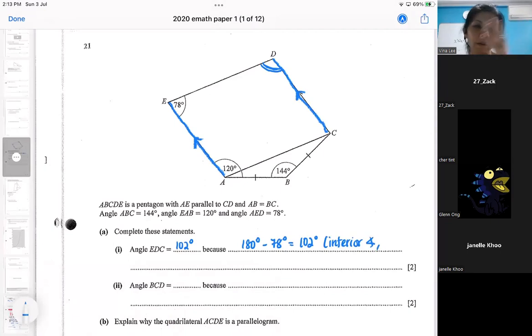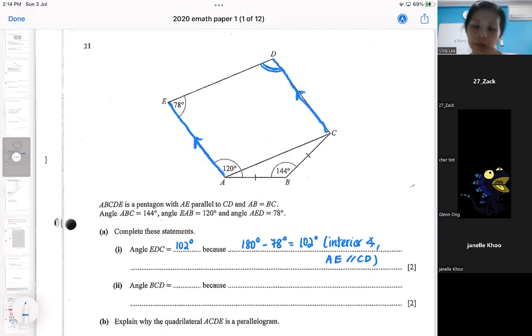I think one or two of you quoted the wrong one. If you mention alternate angle or corresponding angle, I will deduct the mark because it's not correct. And if you quote the interior angle, please quote the parallel lines: AE parallel to CD. The reason is very simple. We don't have to say more than that.